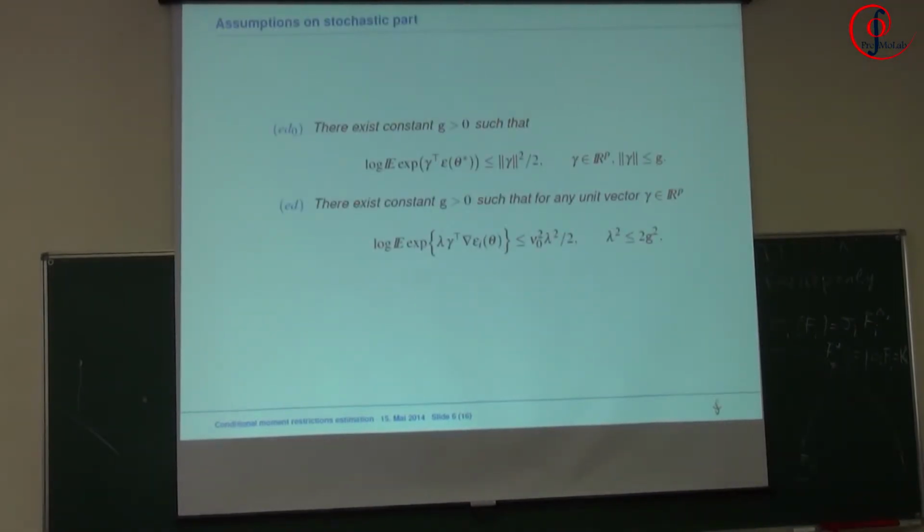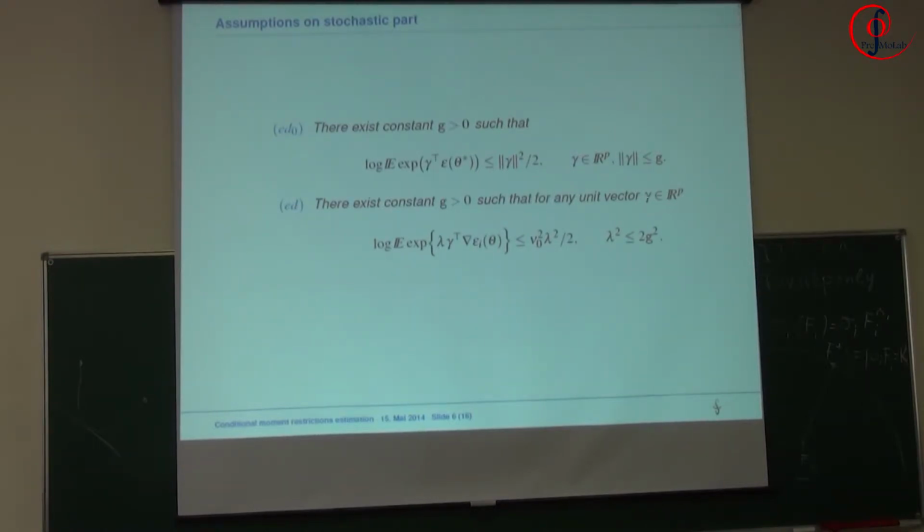And we start with some simple conditions. First, we fix AD0, so it's all about sub-exponential moments of E theta 0 at this optimal point, and some conditions on the gradient of this vector component-wise.